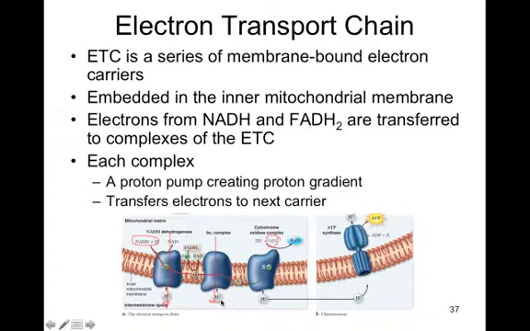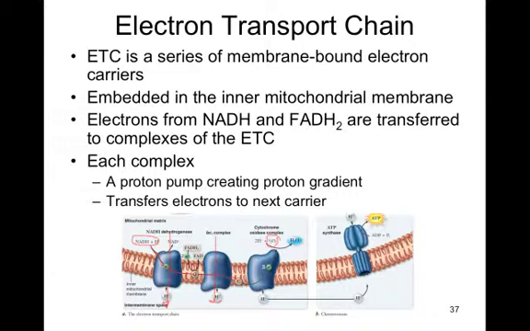So the density of protons in the intermembrane space is becoming very thick. These proton pumps that are also electron acceptors are creating a proton gradient as they transfer electrons to the next carrier.